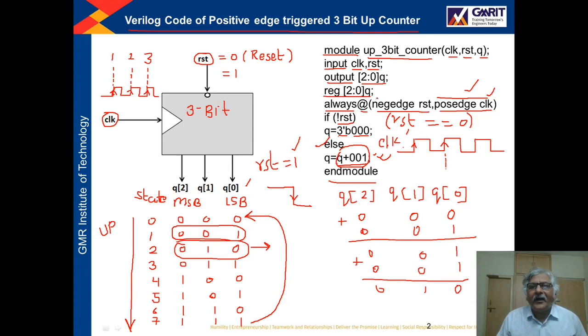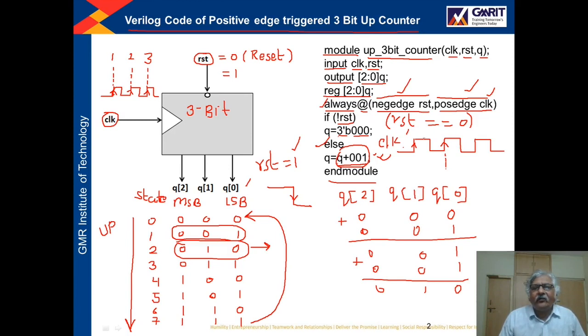Now if the negative edge is detected on the RST signal, then due to this negedge RST, the always block will be activated, and now this condition is evaluated.